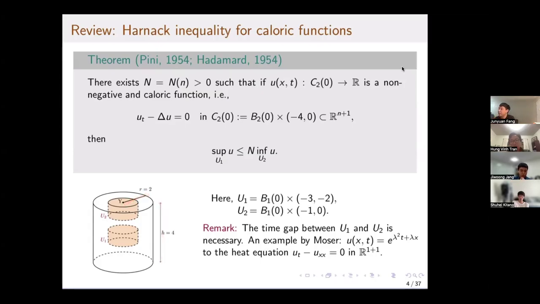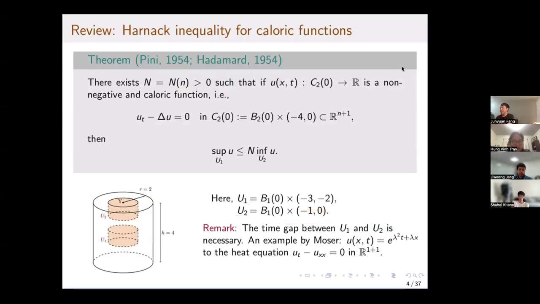And if we consider the interior region, the spatial region is the ball B1, and we divide the time interval into 4 pieces. Then we have 4 quarters. U1 will be the second quarter, and U2 will be the fourth quarter from the bottom to the top.